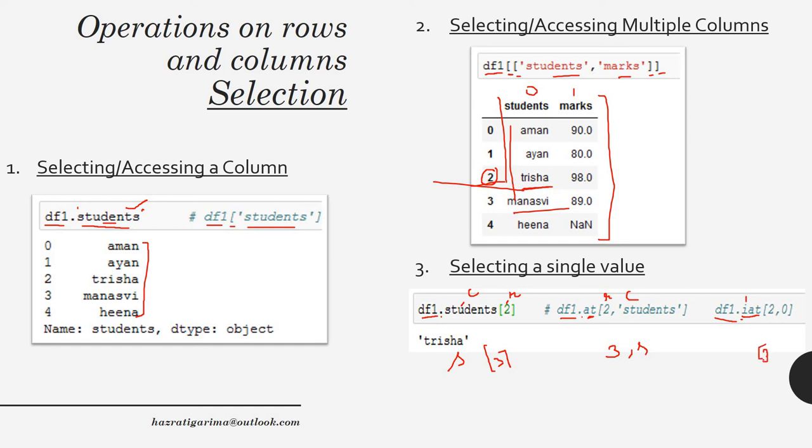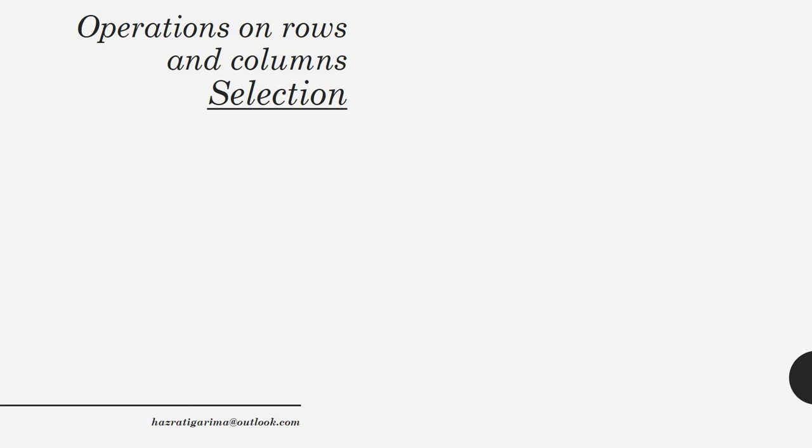If I want to check according to the index, then I always have to use iat, that means index at. And if I want to directly use the row and column names, then I can use at. And if I want to do it with the help of the column, then first you write the column name, then you write the row number.